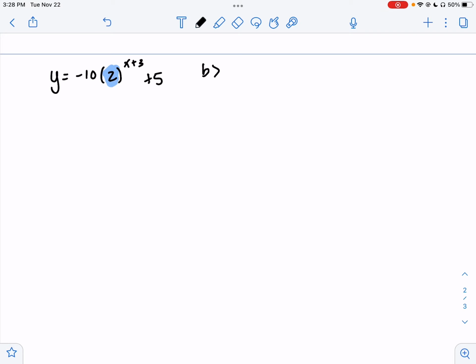Because my b-value is greater than 1, I know that this is going to be a growth graph. That tells me immediately that I'm going to go from flat to steep. So on the left-hand side, I'm going to have my horizontal asymptote. On the right-hand side, I'm going to go to either positive or negative infinity. So just by knowing it's growth, I automatically know these two things.